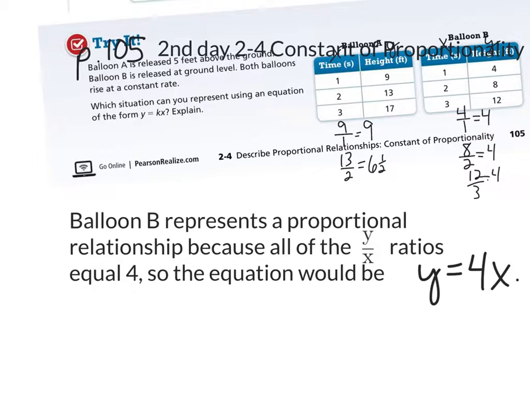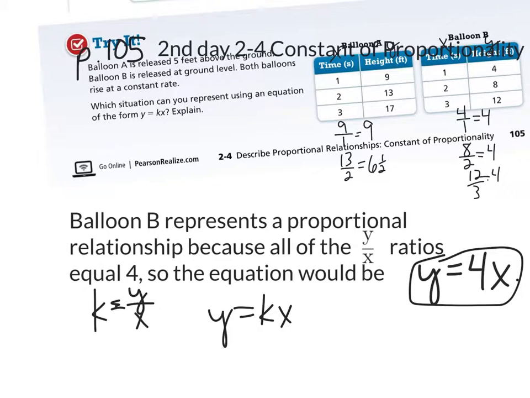And so remember, going back to that equation, y equals kx, k is equal to y over x, constant of proportionality. So we would just substitute a 4 in place of k, so y equals 4x would be our equation. And again, what that's telling us is that the balloon is going 4 feet per second.